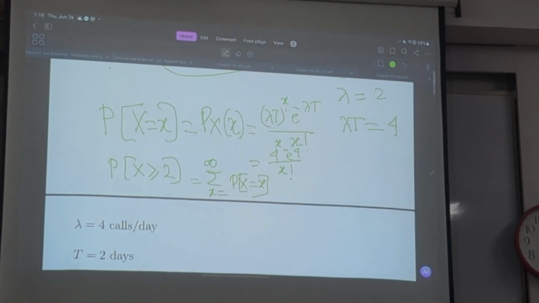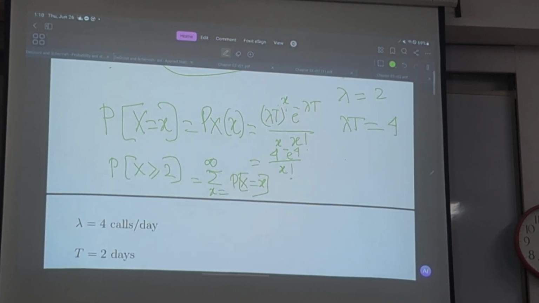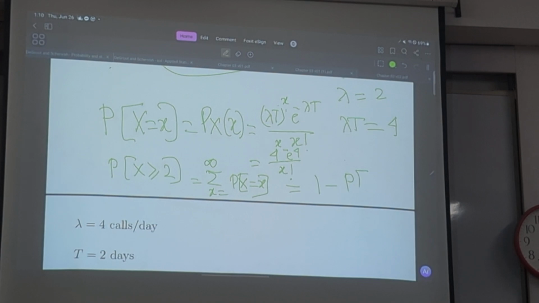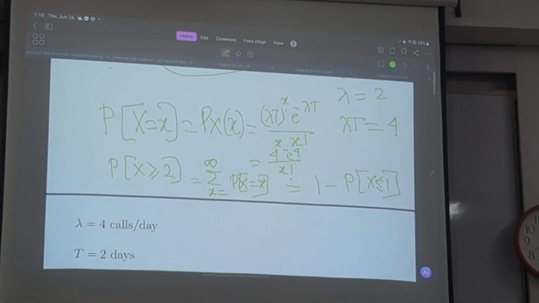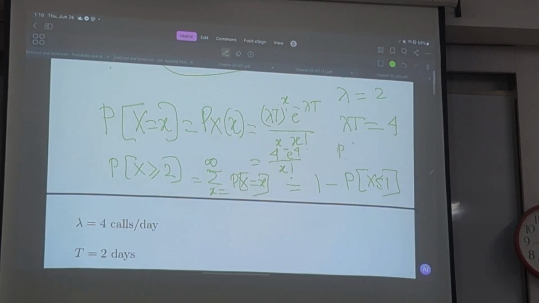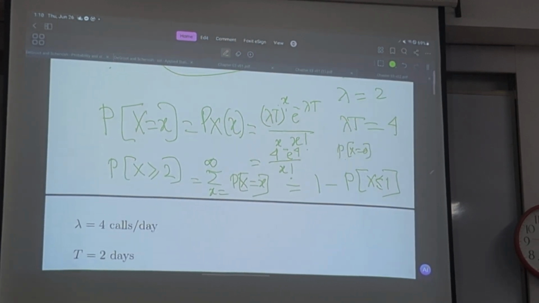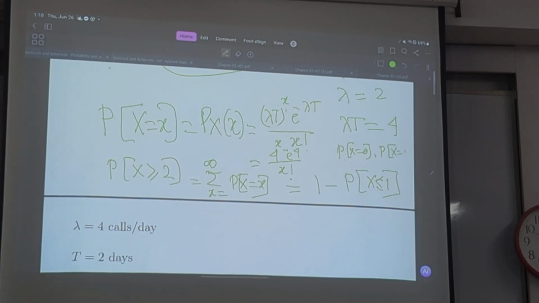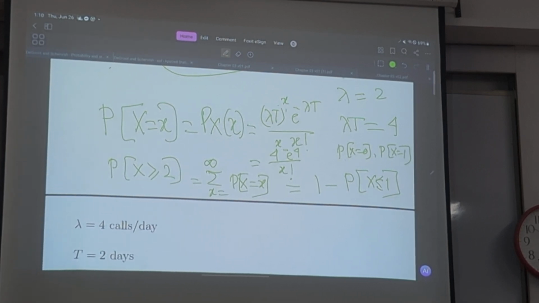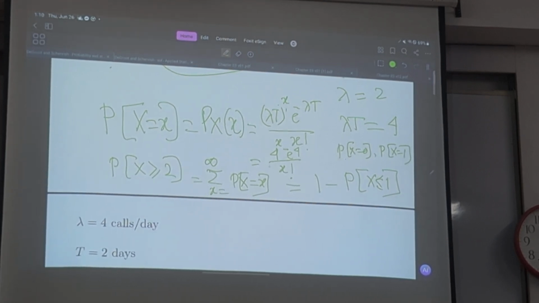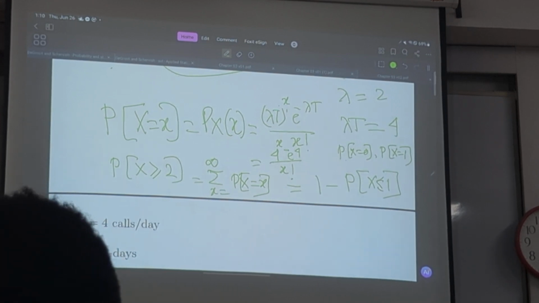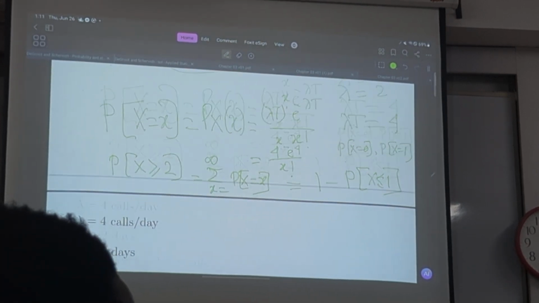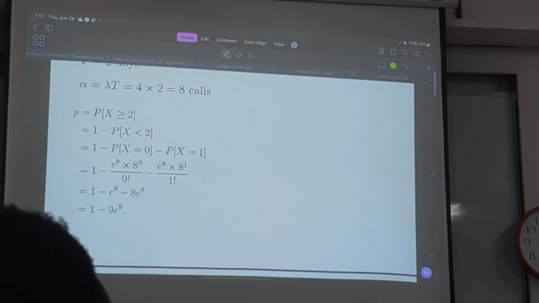But an intelligent student will use the complement, which includes the probability that x is equal to 0. When x is equal to 0, this quantity becomes 1, this becomes 1, and this is e to the power minus 4. When x is equal to 1, it is 4 divided by 1, times e to the power minus 4. So, here is the answer.